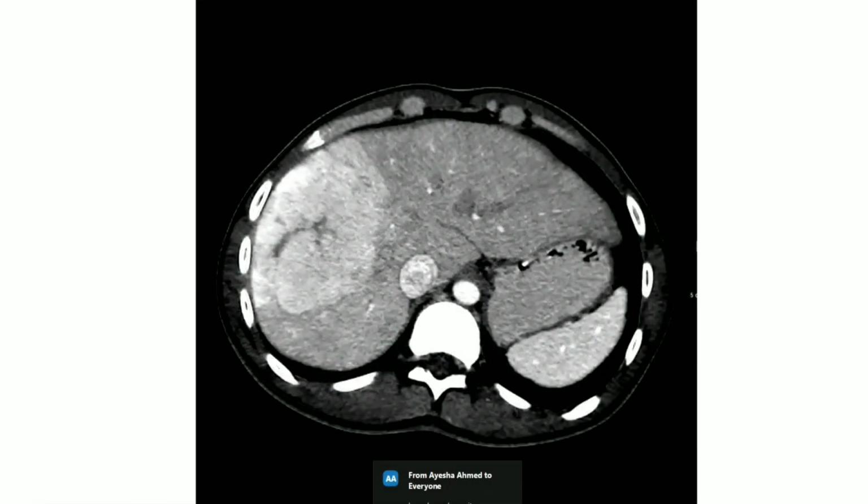It's heterogeneous. Would you favor FNH or fibrolamellar HCC? If you're not sure, you can ask for the next step. On CT, fibrolamellar HCC is usually large, heterogeneous, with central scar and calcification in the center.